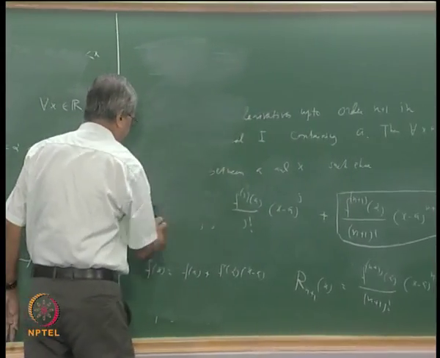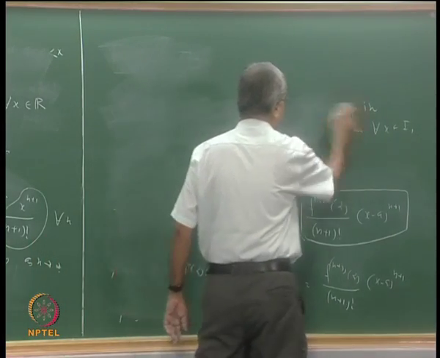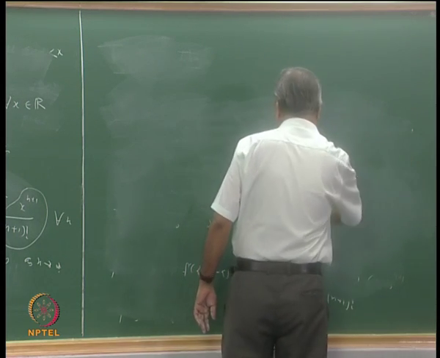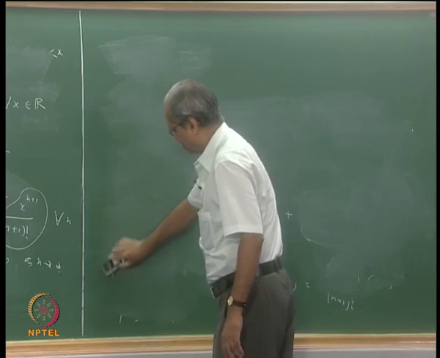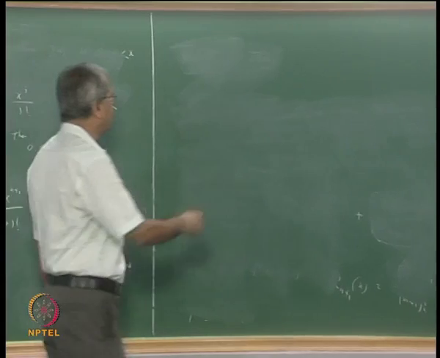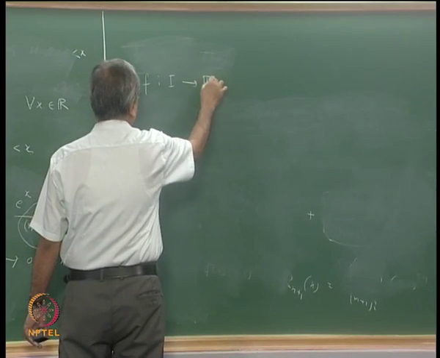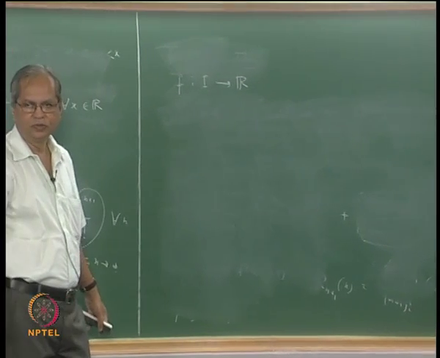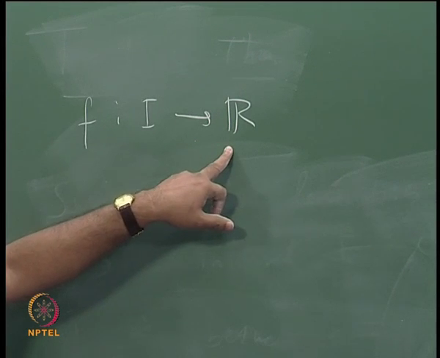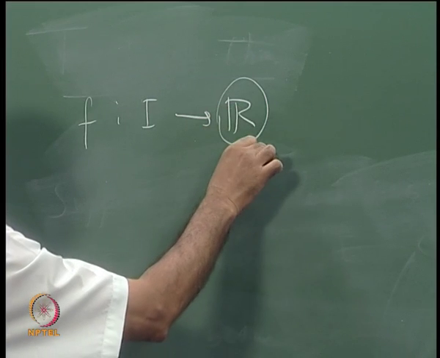Now, so far we have discussed the derivatives of functions which are defined on some interval in the real line and take values also in the real line. That is, so far we have been talking of functions of the type f from I to R. Now suppose I want to change this codomain, and take functions which take values somewhere else.